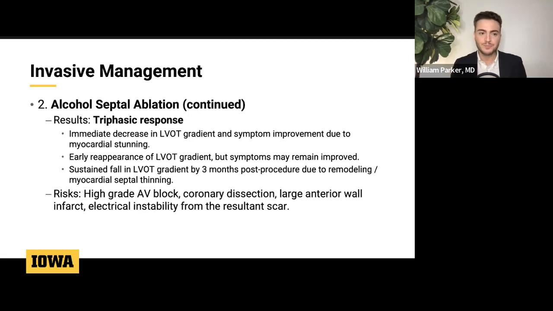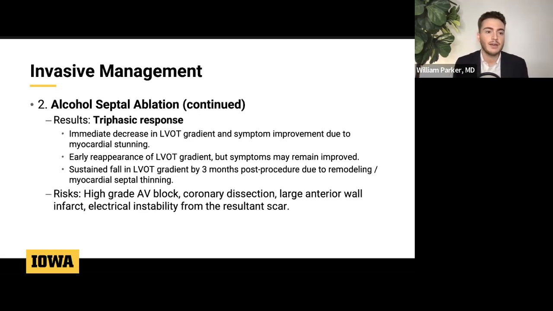The risks, though, are pretty real. You can induce a high-grade AV block, as you can imagine, when you're injecting into the part of the heart that carries the biggest conduction system to both ventricles. You can get a coronary dissection, as always.